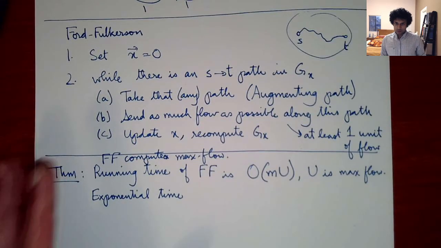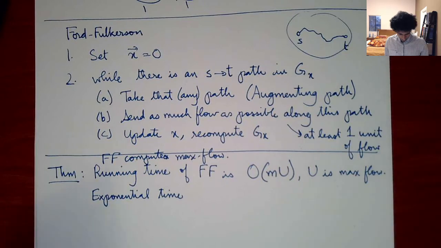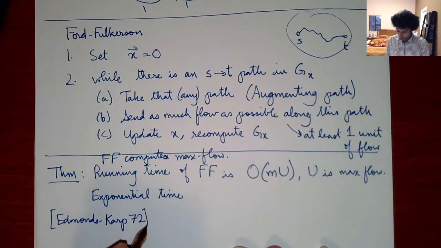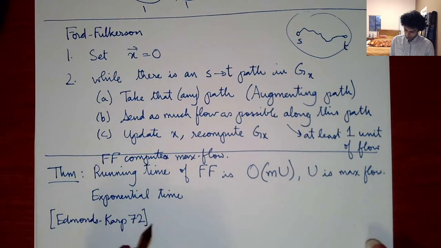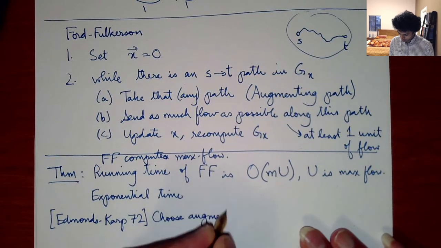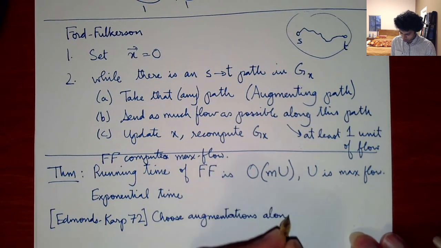This is an exponential time algorithm. And what I want to discuss is the Edmonds-Karp algorithm. Or it's not really an algorithm, but rather a deep insight that simply says choose augmentations along shortest paths.